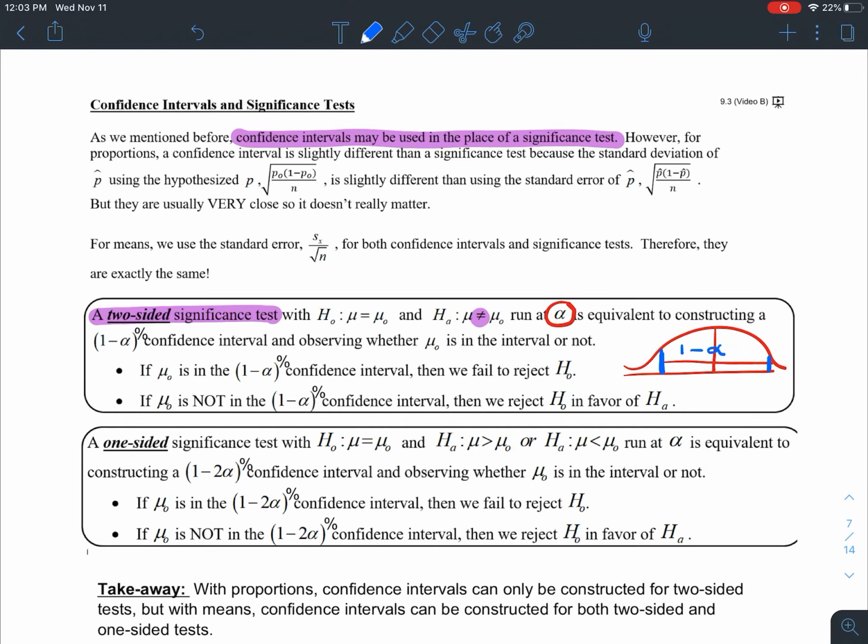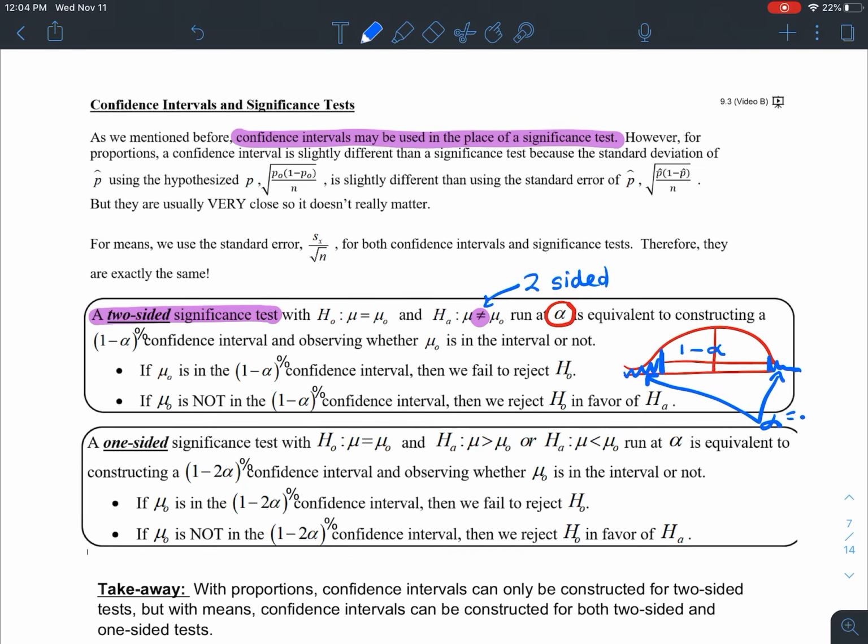And so we're saying split between these two tails. That would be like our rejection area where our p-value would be if we're talking about a two-sided significance test. The alpha level would be split between those two.